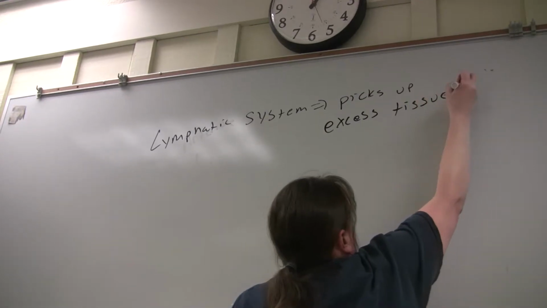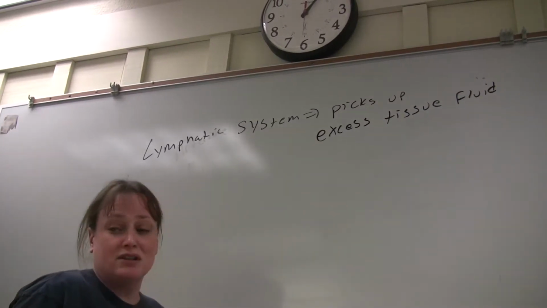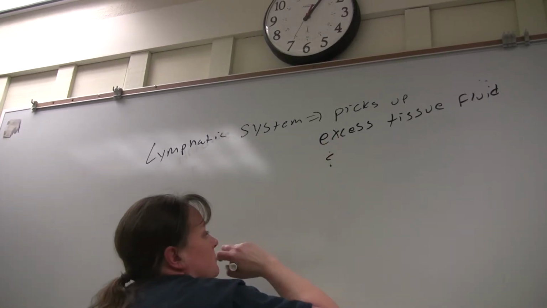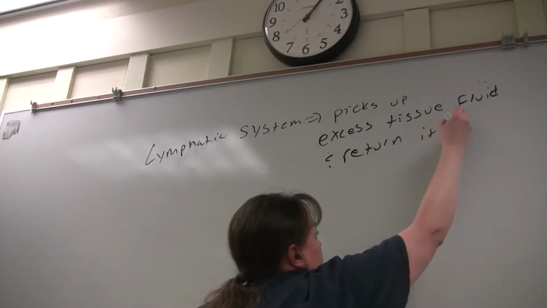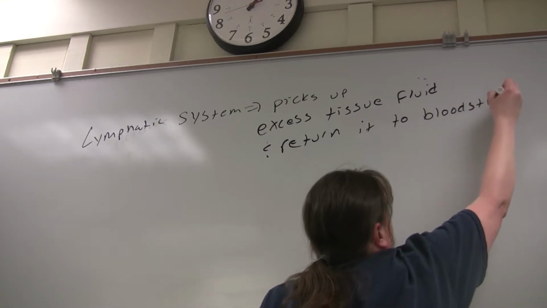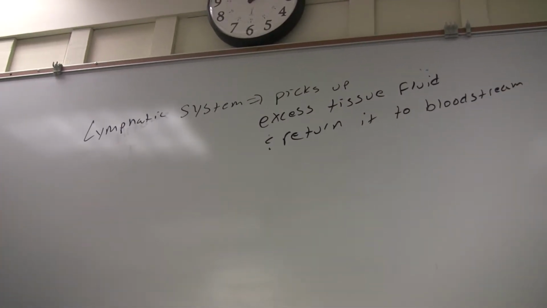And when I say excess tissue fluid, I'm talking about fluid that was filtered out of the blood but not reabsorbed. So it's just kind of sitting there, and the lymphatic system will pick it up and return it to the bloodstream. And that's it. That's our overview.